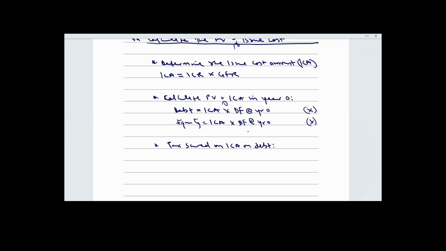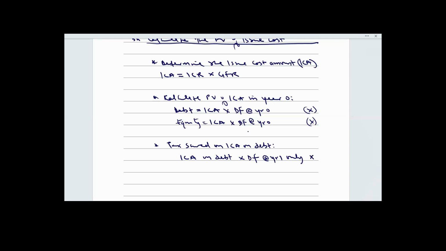How do you do this? Simple. Just pick the issue cost amounts on debt multiplied by discount factor at year 1 only. So you only calculate tax saved on issue cost amount on debt. There's nothing like tax saved on equity. So it's only on debt.